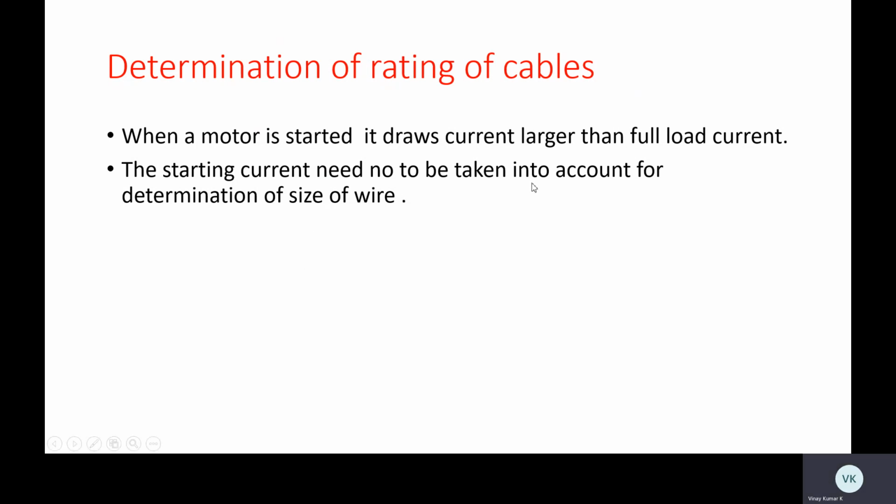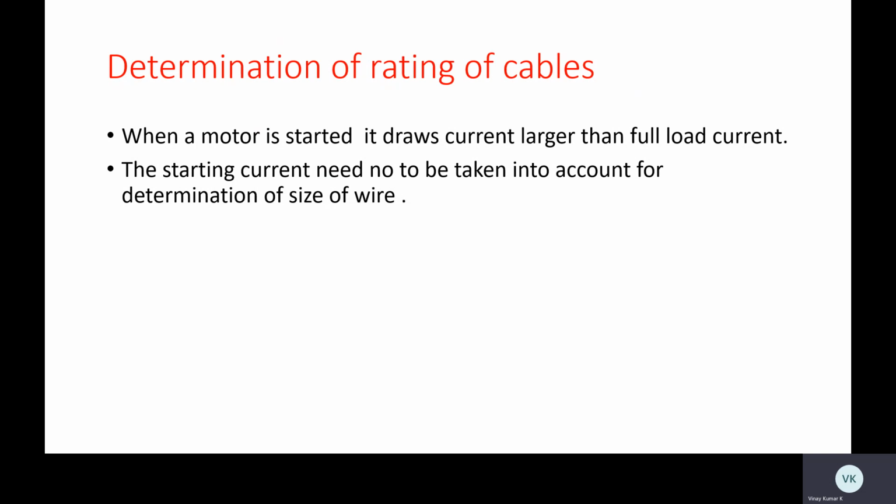The next thing is, we have to select the cables for the motors based upon the starting currents, because while starting the motors, there will be a high amount of fluctuation of current. Because of that, when a motor is started, it draws a current larger than the full load current.